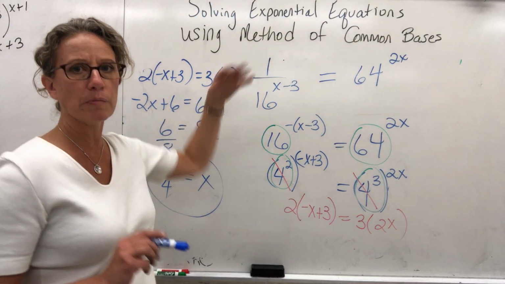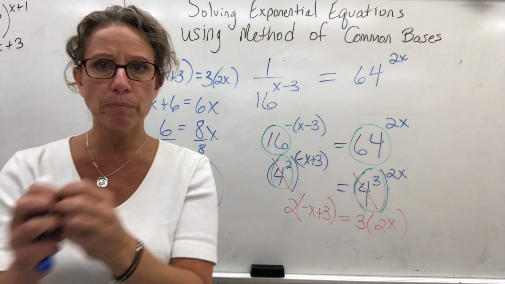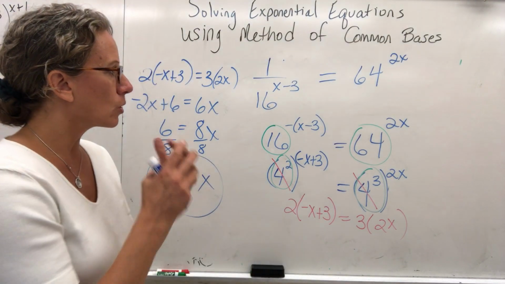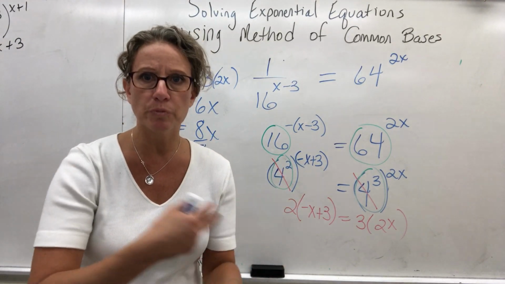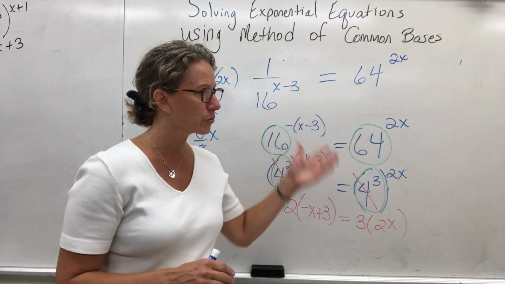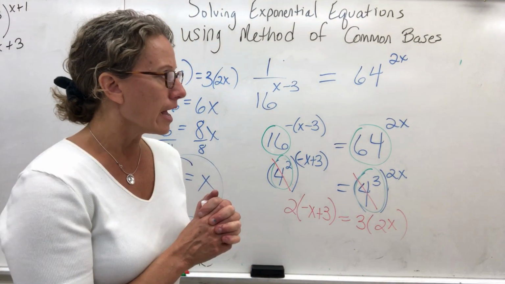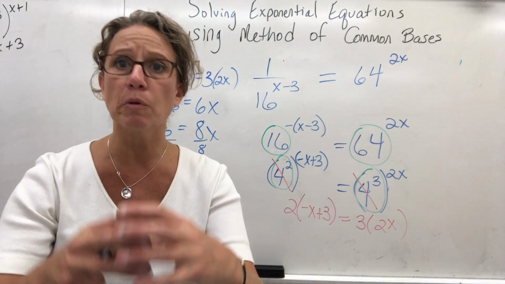So the method of common bases, again, we're rewriting the base in a common base. Recalling all of the different squares and cubes of our basic numbers, usually 1 through 5 is the ones we want to remember, or 2 through 5. And we want to rewrite each one of them in a smaller base.